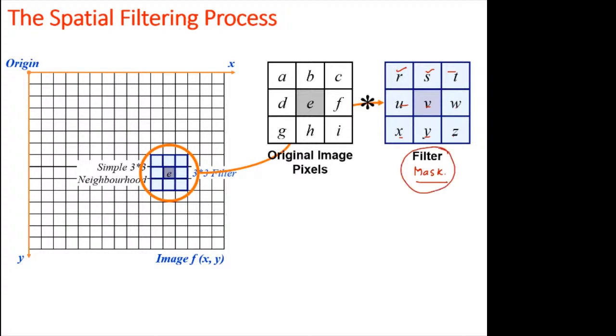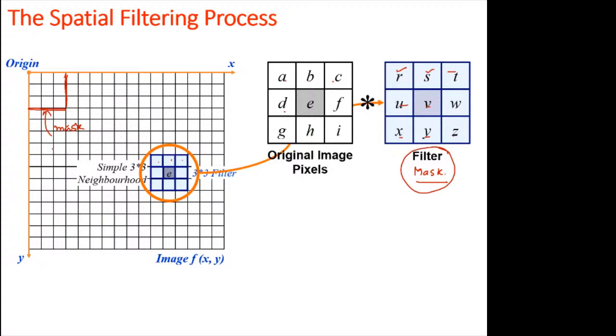These are the original intensities. Now I will place this mask starting from here. This is the spatial domain filtering method I am telling you about.